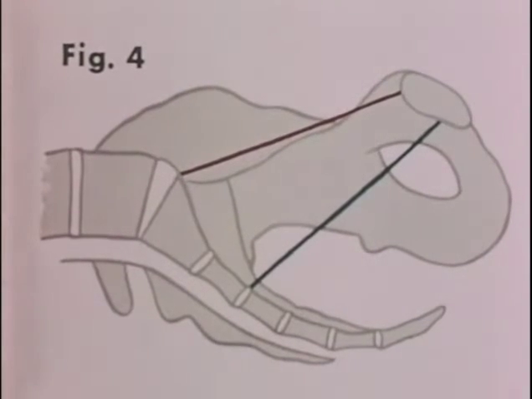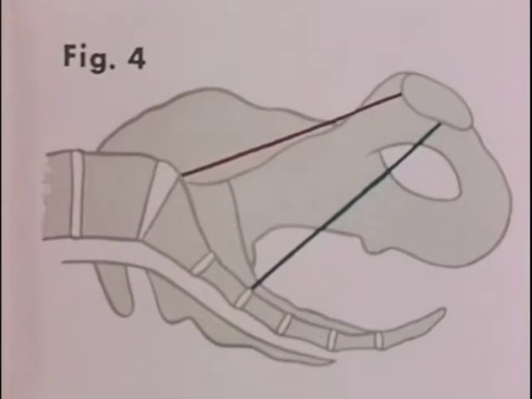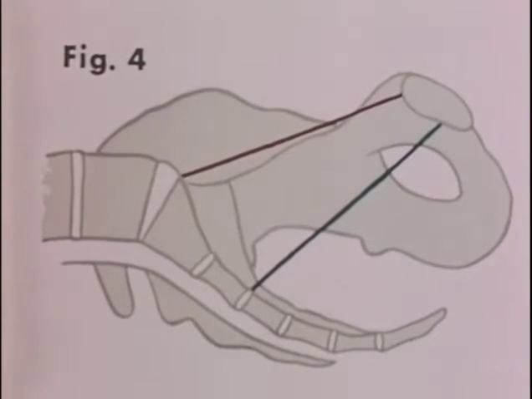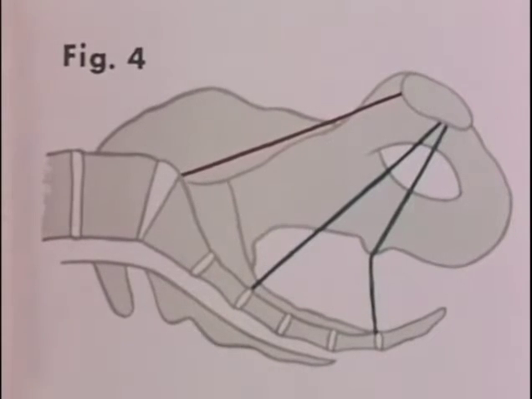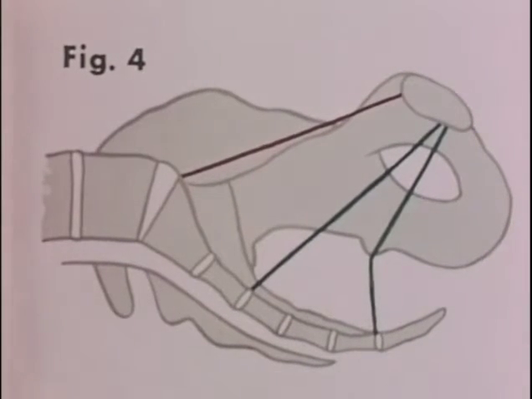Number 3, the plane of least pelvic dimensions, or the plane of the ischial spines, is represented by the green line and extends from the inner lower margin of the symphysis anteriorly to the sacrococcygeal junction posteriorly and laterally to the ischial spines.